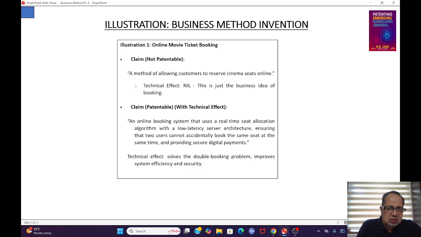That means improving system efficiency and ensuring that no two users can book the same seat, that is avoiding duplication of the seat, and providing secure digital payments. So as you can see, we have used the same methodology to secure a technical effect so that it falls within the realm of patentability.